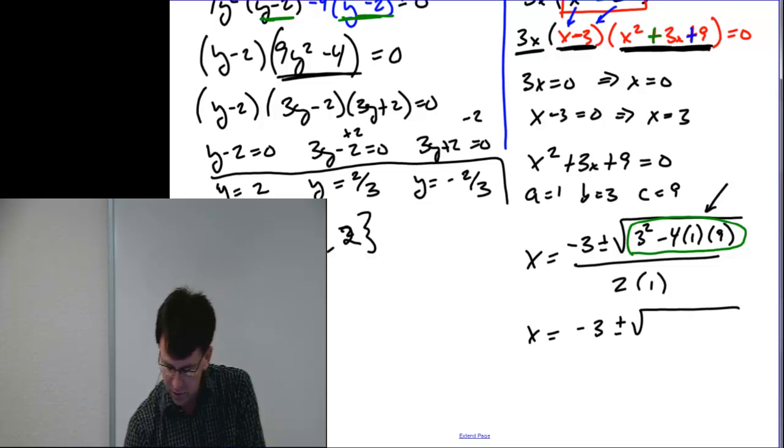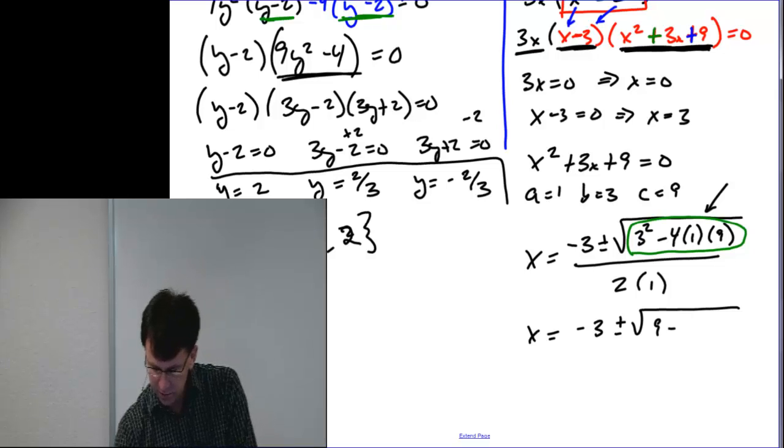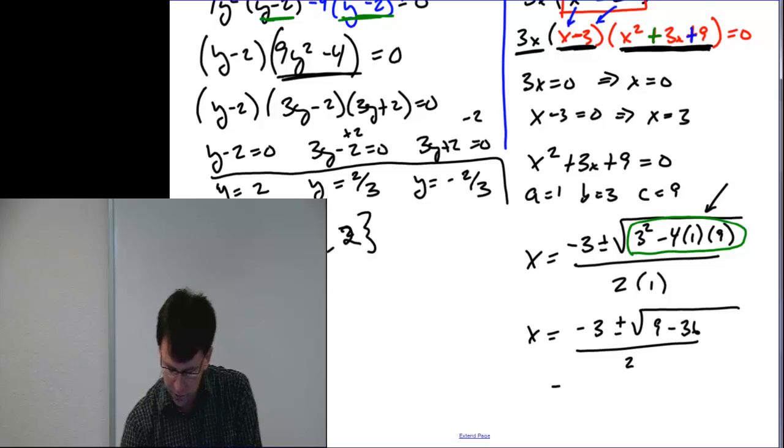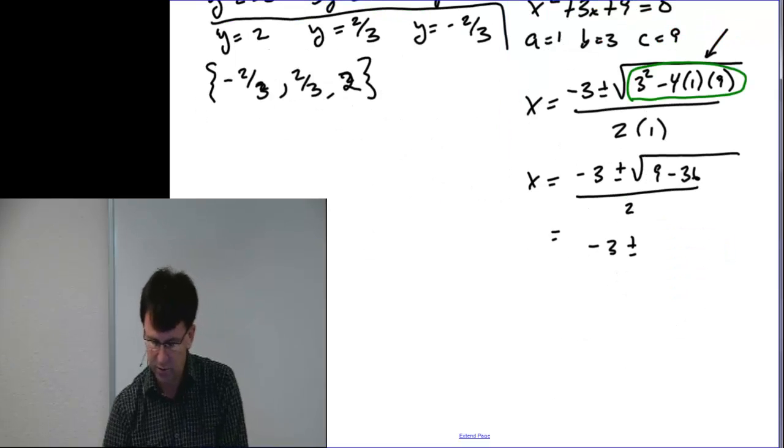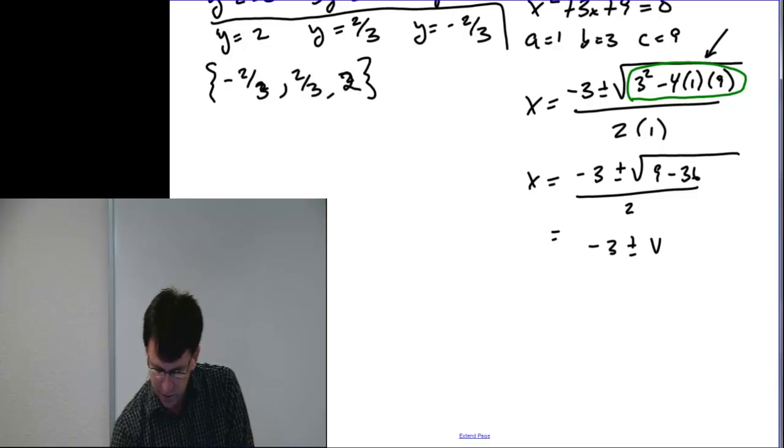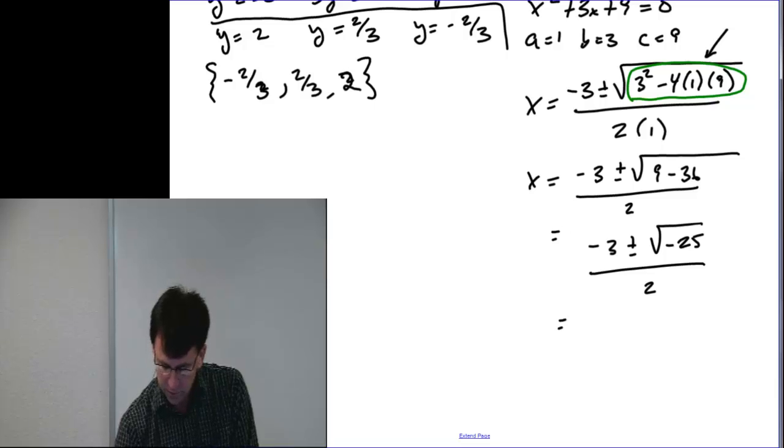Plus or minus the square root of 9 minus 36, all over 2. I can continue simplifying this out. Negative 3 plus or minus the square root of negative 25, all over 2. So this is negative 3 plus or minus 5i, all over 2.